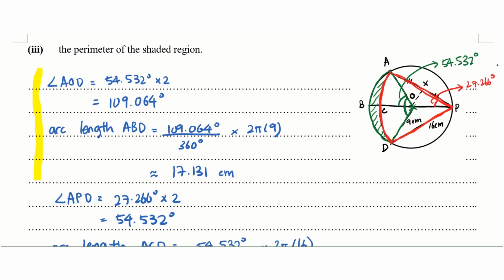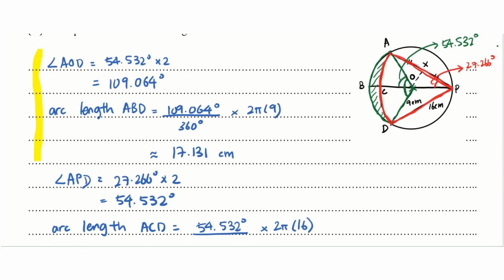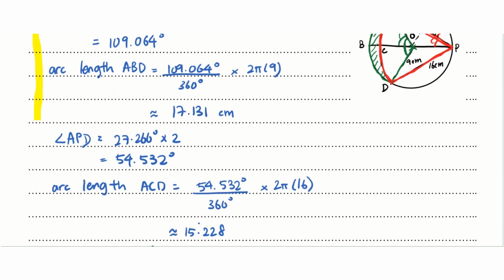Okay, so let me correct this to write it clearer. This is actually angle APD. That will be 27.266 times 2, which will achieve 54.532 degrees. Then using the arc length formula again, we get the arc length of ACD to be 15.228 cm.